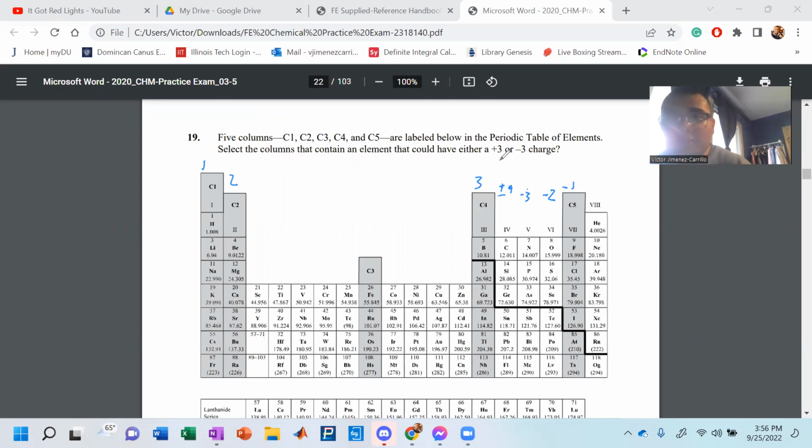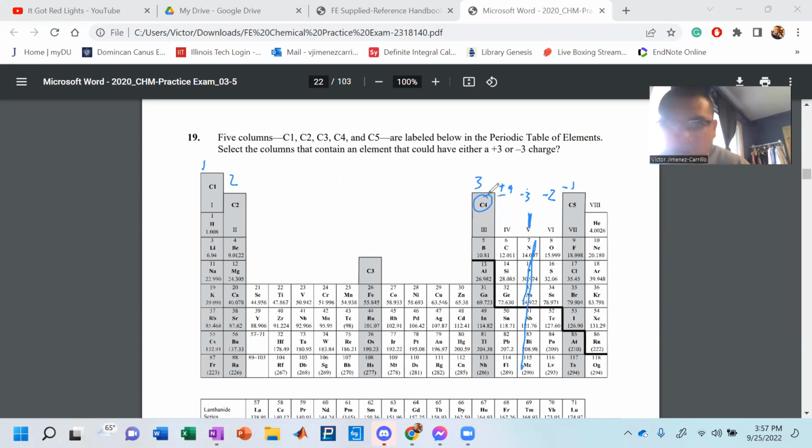Okay, so first, which element can have a plus or -3? So it's going to be column 3, or the one I circled, C4. And since it doesn't give you the option for the other one, which would be this column here, V. But if you ever need to know, technically the V column right here also would count, but they're not asking for it because it's not C4, C2, C3.